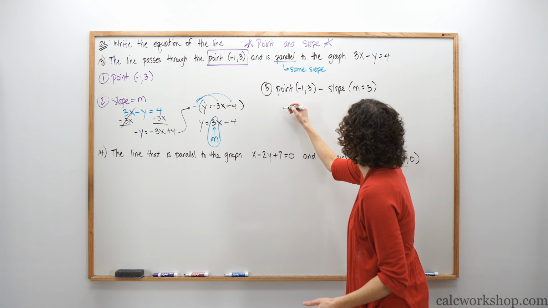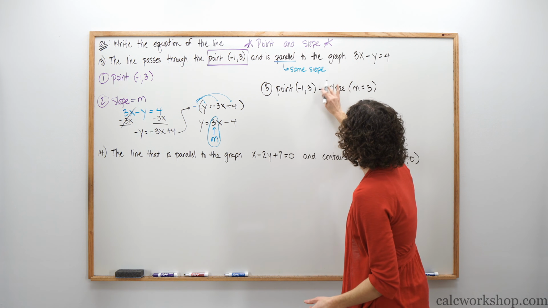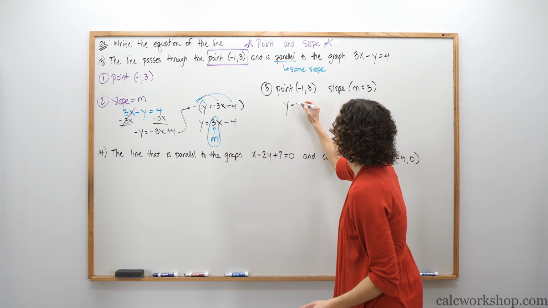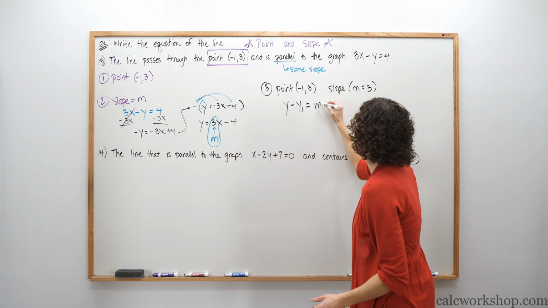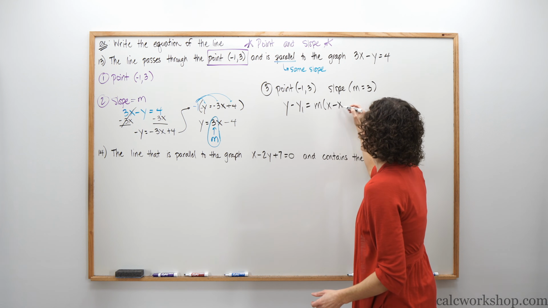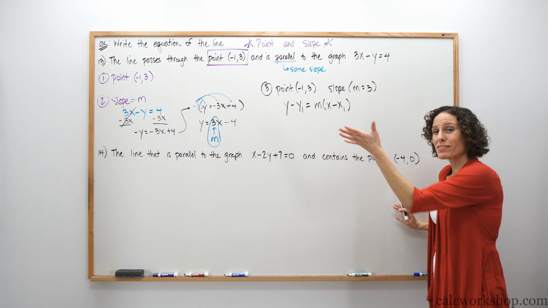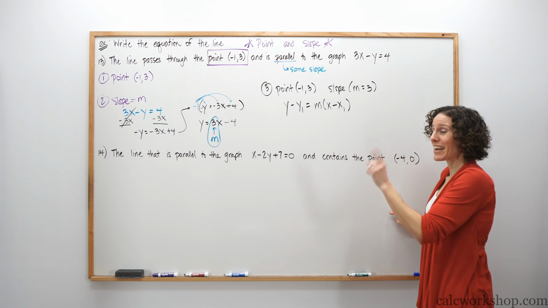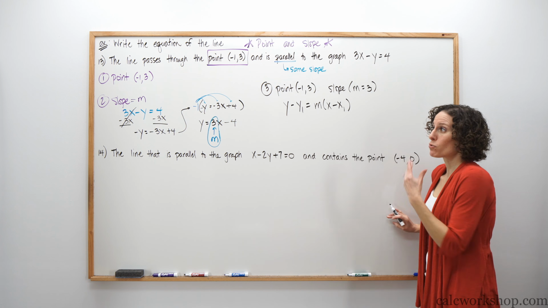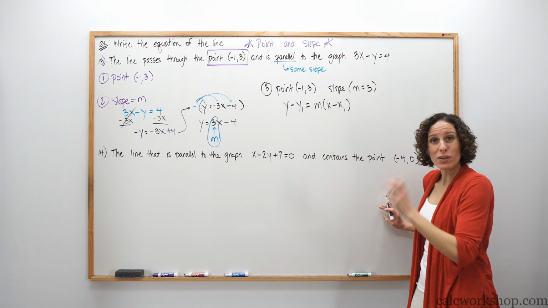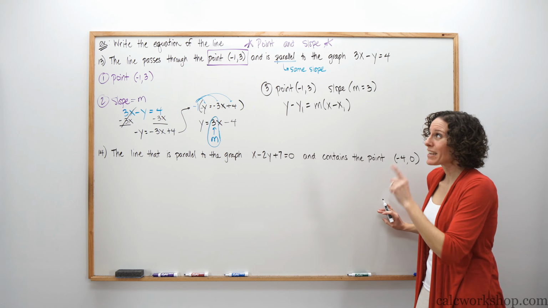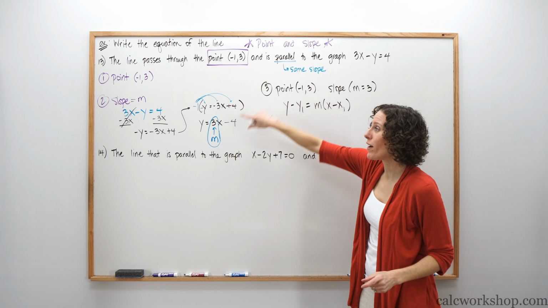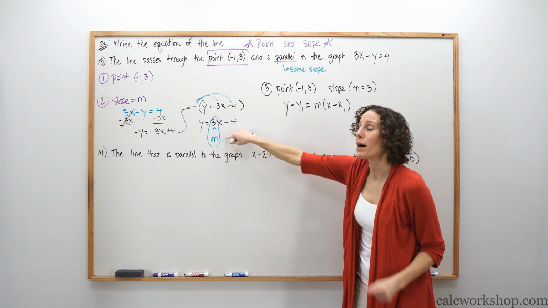All I've got to do is plug it in. And then I'll just say y minus y1 equals m times x minus x1. I was always given the point. That was really easy. The only thing I had to find was the m. Now normally m, if we had 2 points, we'd use our slope formula. But here, we knew it was parallel. All I had to do was identify what that slope was.